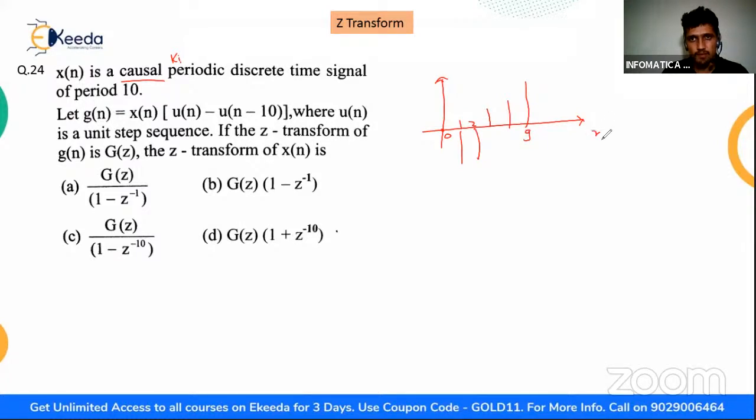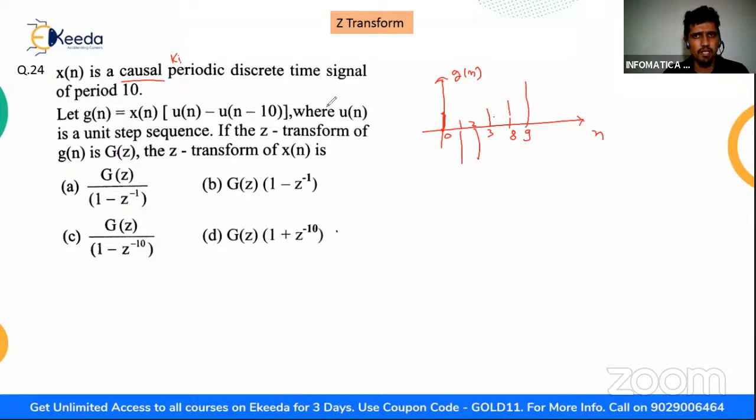This is n and this is basically g[n]. Don't count exactly. So 1, 2, 3, then some other signal values will be here, then this is 8 and 9, 0 to 9, having a duration of 10. So 0 is also included. Here are also some signal values, so this is basically g[n].